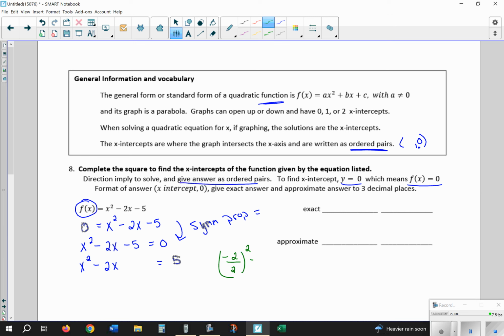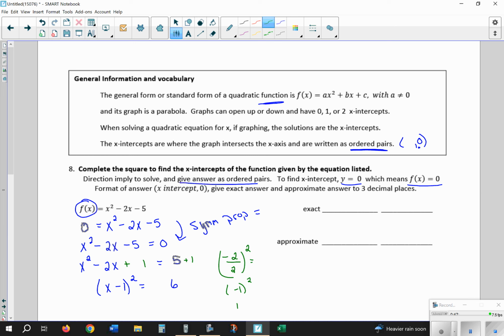We're always squaring it, which gives me negative 1 squared, or 1. So if I add 1 to both sides, on the left side, that creates a perfect square trinomial, which then factors as the square of a binomial. And the right side simplifies to give me 6.